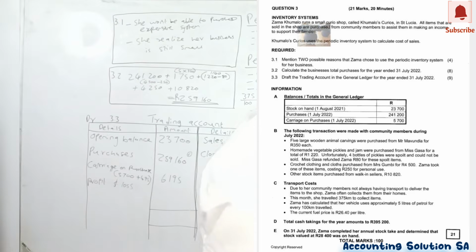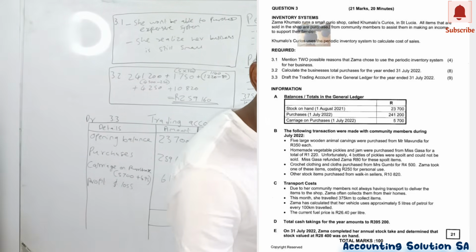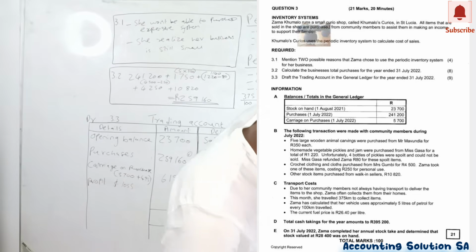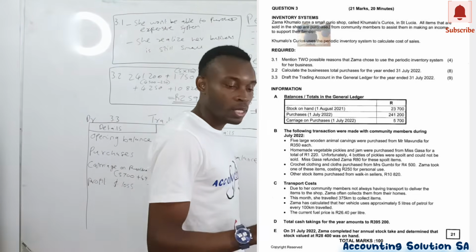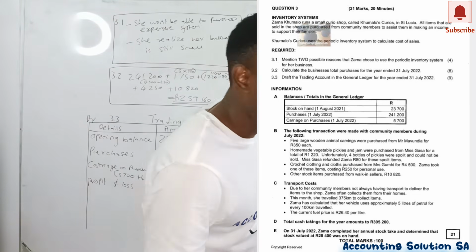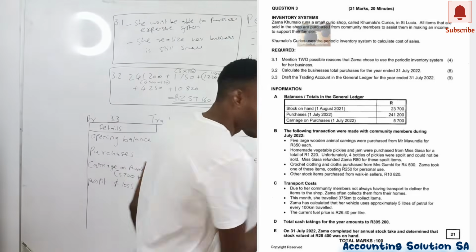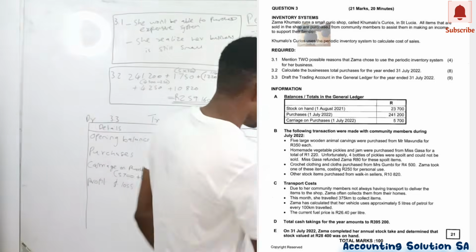Okay, number E, they said on 31 July 2022, Zama completed her annual stock take and determined the stock value at 28,400 on hand. Okay, it simply means that this is a closing balance, 28,400.